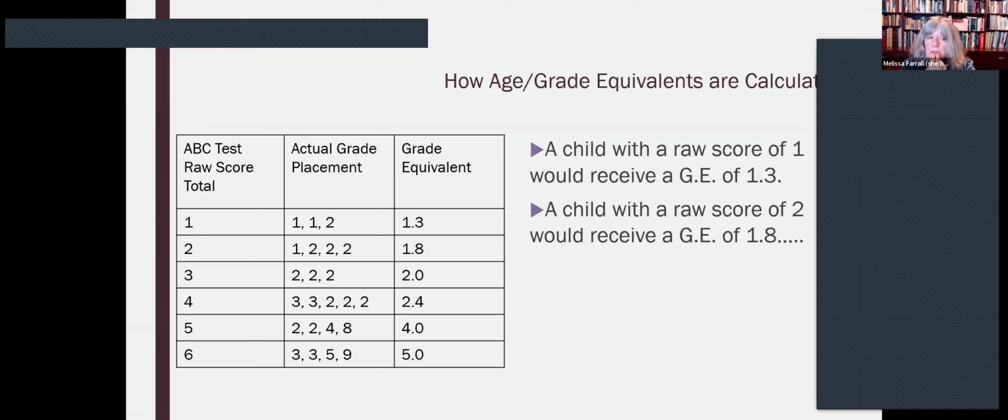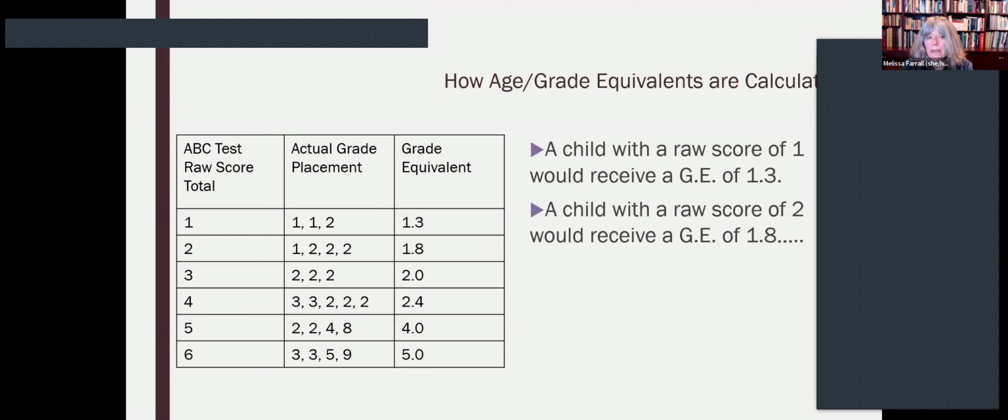So the kids who earned a raw score of 1 happen to be in first grade and second grade. If I take the average, I get a grade equivalent of 1.3. The kids who earned a raw score of 2 happen to be in first grade, second grade, and second grade. When I take the average, I get a grade equivalent of 1.8.